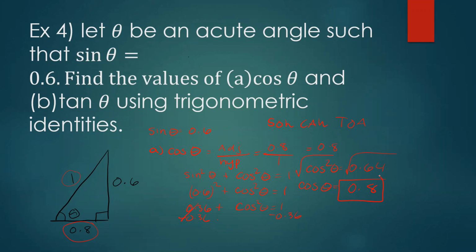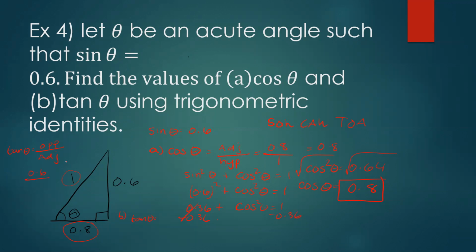And then part B says find tangent theta using trigonometric identities. So part B says tan theta. This one's probably the easiest. Here, let me write it here. I have more space. Tan of theta. What is tan of theta? Opposite over adjacent. So here's theta. Can you tell me my opposite side? 0.6, right?